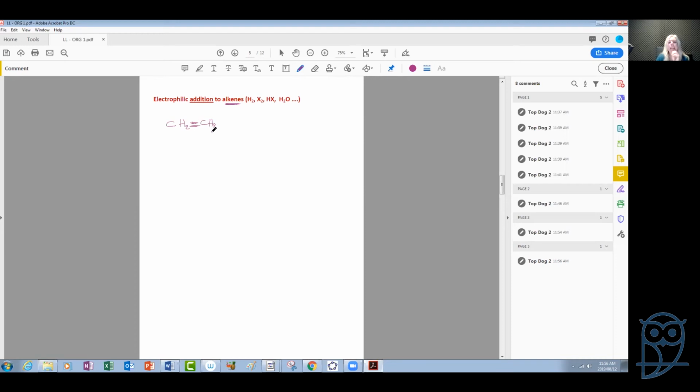And we could add hydrogen, or we could add a halide. When we see this X, it means any halide. It could be chlorine or bromine or iodine, whatever. So we can add hydrogen, we can add a halide, we can add a hydrogen halide, or we can add water and so on.